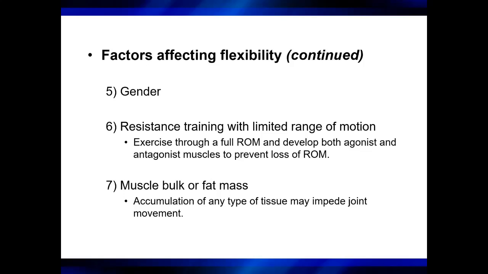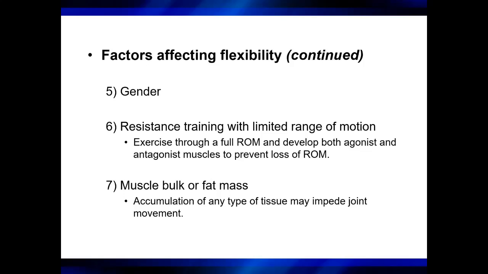But more average people are encouraged to resistance train with full range of motion in order to maintain that range of motion for activities of daily living. Any type of excess mass, whether it be muscle or fat, can interfere with how the limbs move around their axis of rotation.